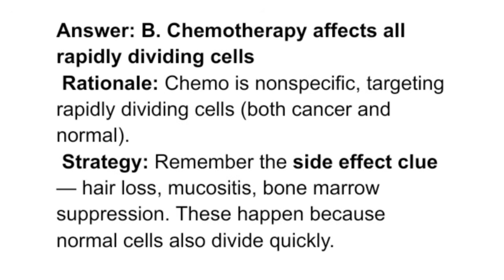Answer: B. Rationale: chemo is nonspecific, targeting rapidly dividing cells, both cancer and normal. Strategy: remember the side effect clue. Hair loss, mucositis, bone marrow suppression. These happen because normal cells also divide quickly.